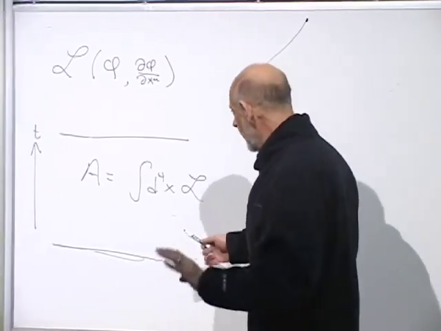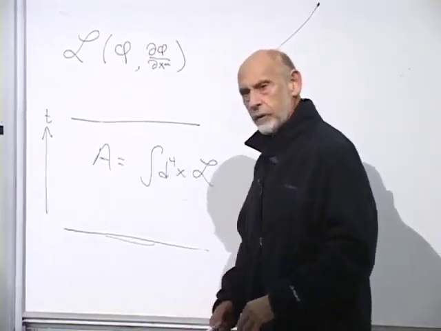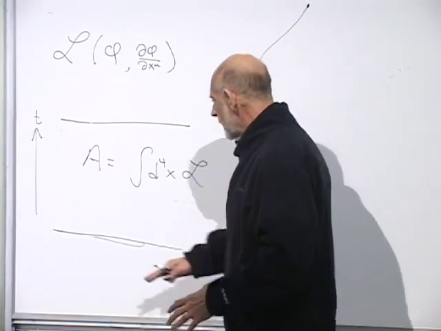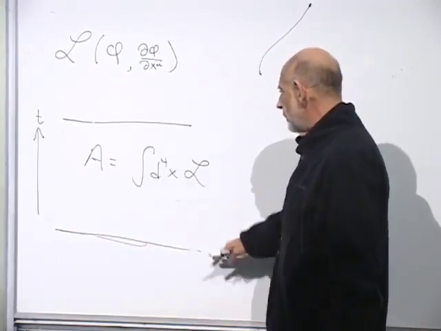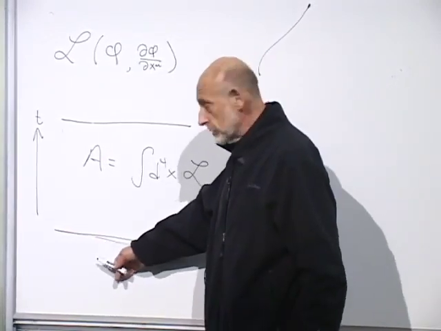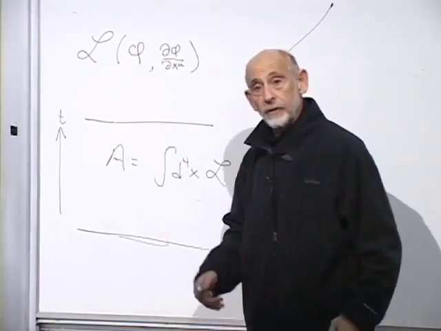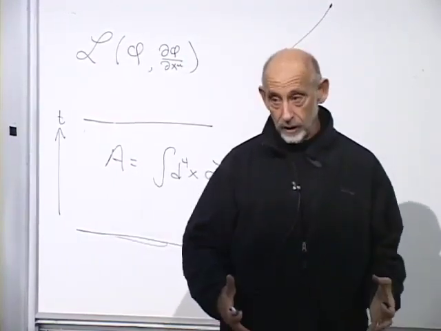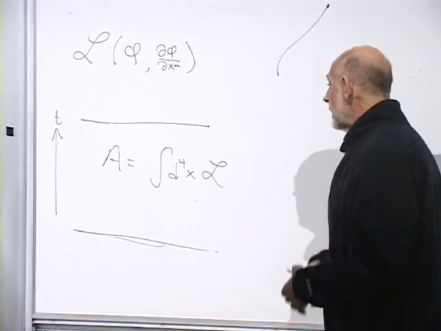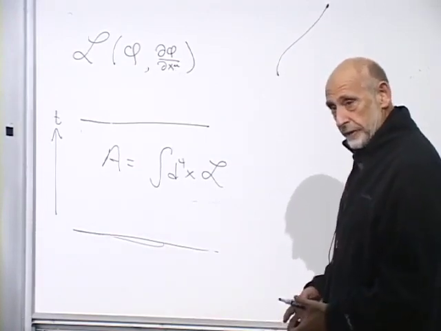Is there a solution of whatever the equations of the theory are, which starts with a given initial value of the fields at time t equals 0, let's say, and ends with the fields being something different at some later time? And the answer is the principle of least action again.